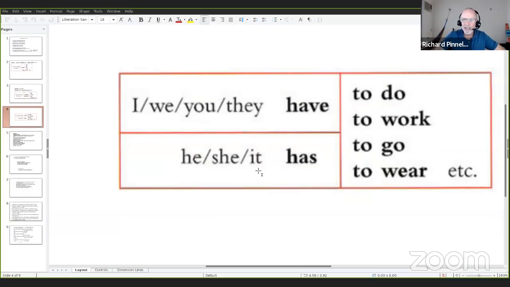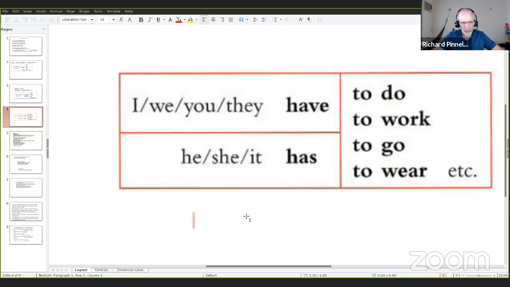Y finalmente have. Have no es un modal, pero funciona como un modal. The difference es que aquí tenemos que poner to. I have to do some work. We have to go to work. Y have sí cambia para la tercera persona. En la tercera persona tenemos que decir he has to go.